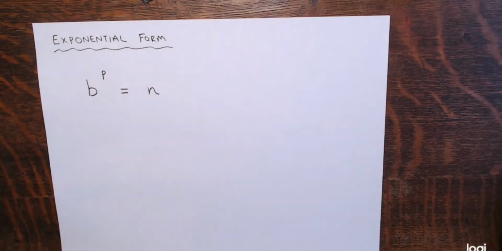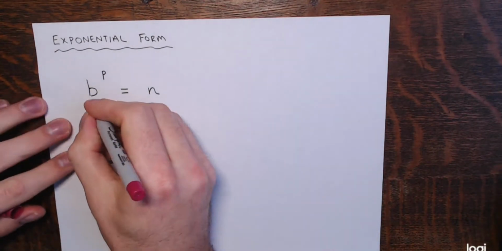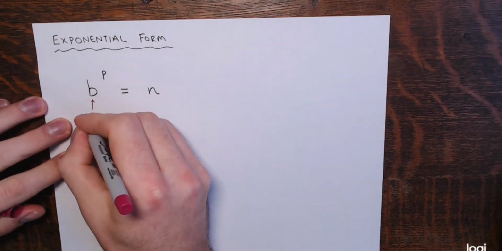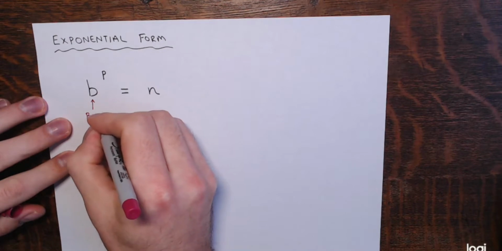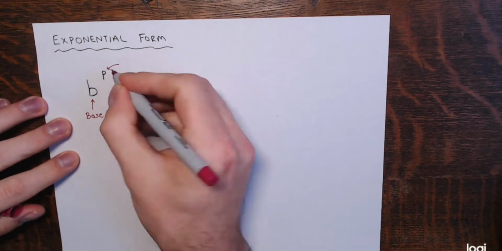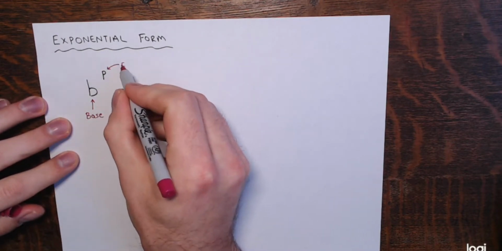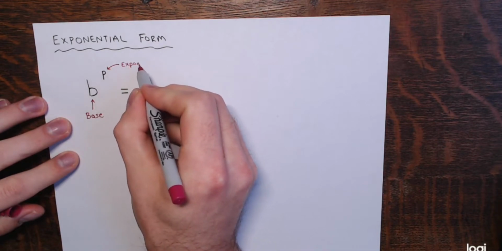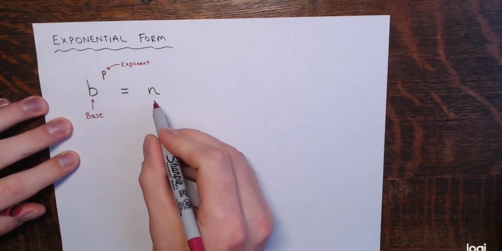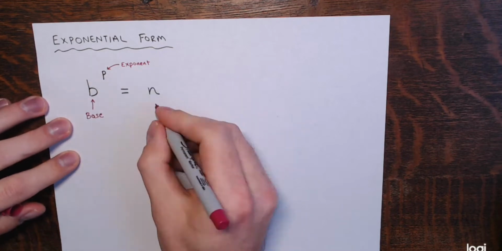The parts of this: you have a base, you have a power or exponent on that base, and then equals just some real number over here.